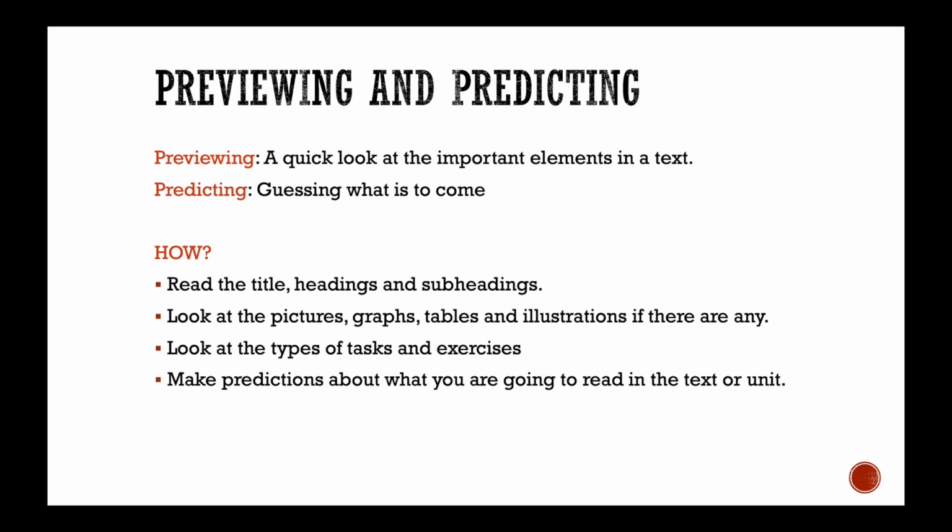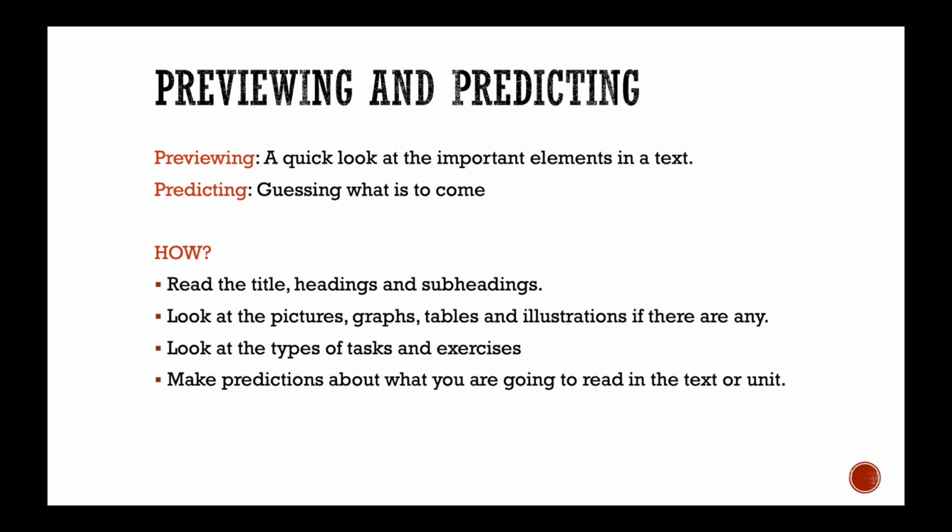Previewing is a quick look at the important elements in a text, and predicting is guessing what is to come. Previewing and predicting are two essential reading skills that you can use before you start a unit or read a text. A quick preview of the key elements of a unit or text can help you predict what it might be about.